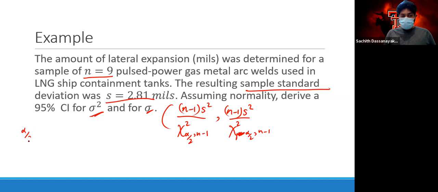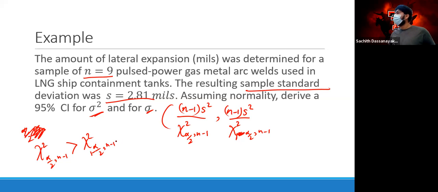Chi square alpha over 2, degree of freedom n minus 1, that value is greater than chi square 1 minus alpha over 2, degree of freedom n minus 1.